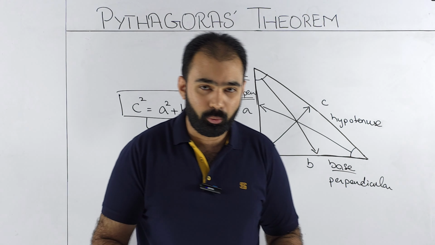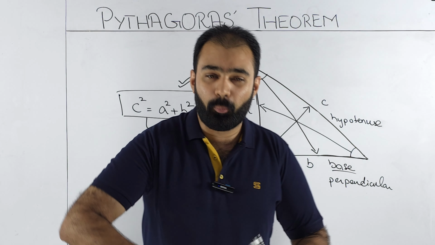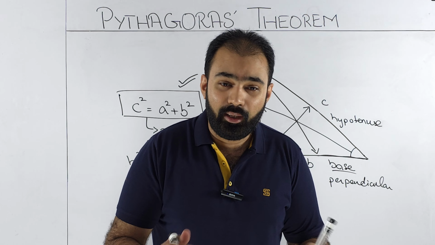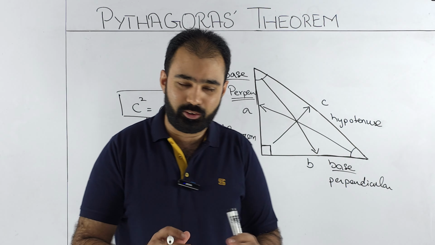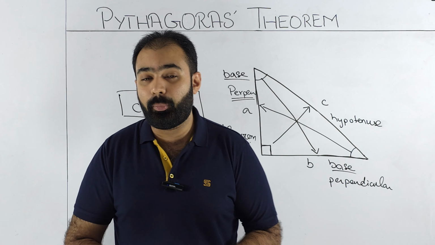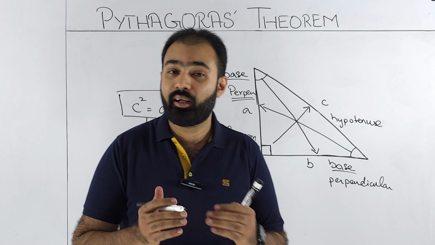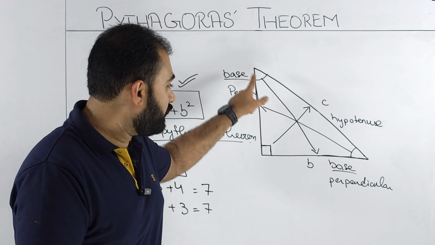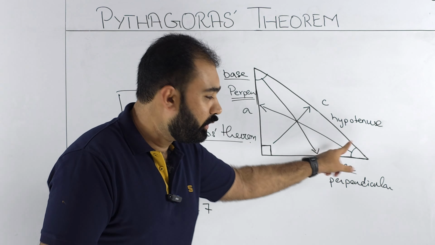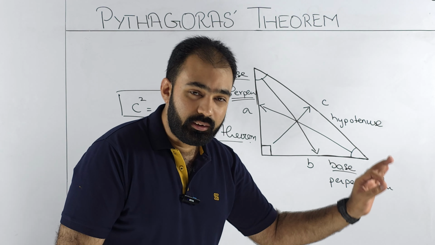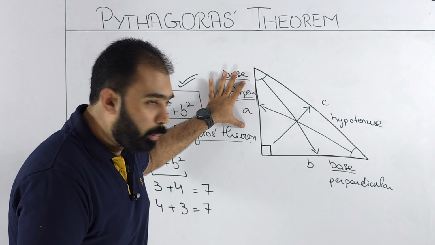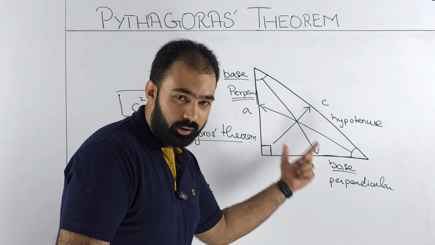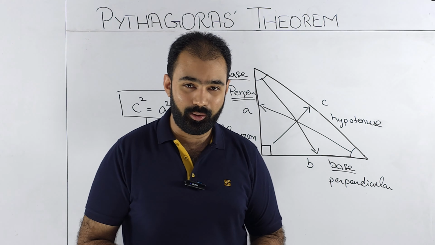It is completely okay because it will not affect your answers and it is widely accepted. Now, I hope Pythagoras theorem is clear to you. According to Pythagoras theorem, c square, the hypotenuse squared, is equal to a square plus b square. I hope it is clear.